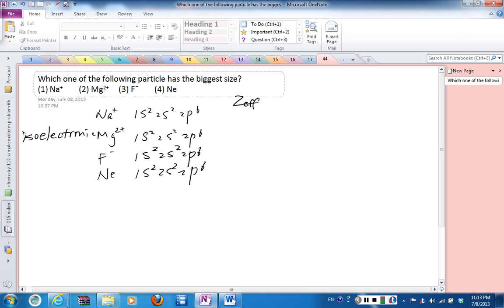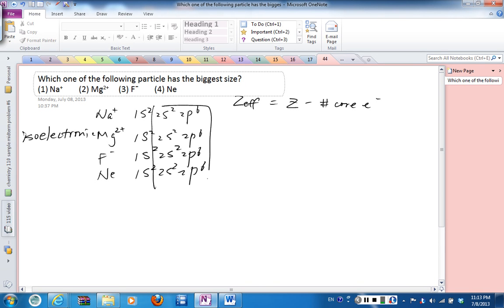The way that we calculate our effective nuclear charge is atomic number minus number of core electrons. Any electron that's not in the valence shell is a core electron. And you look at the 1s2, 2s2, 2p6 setup.